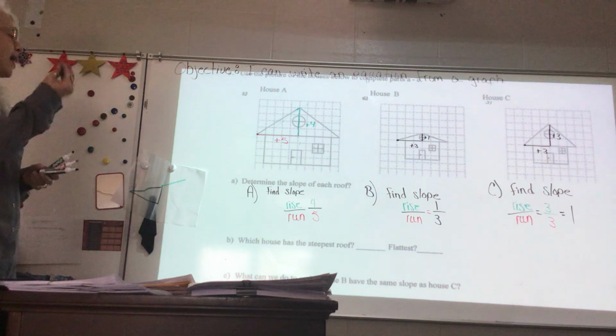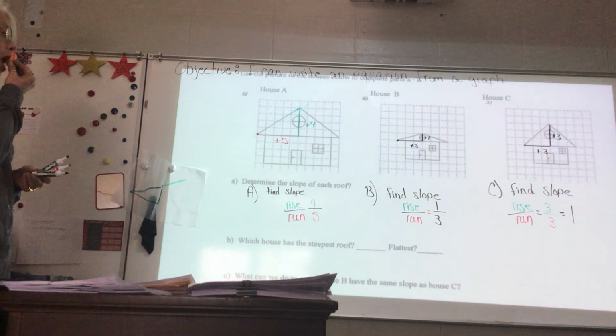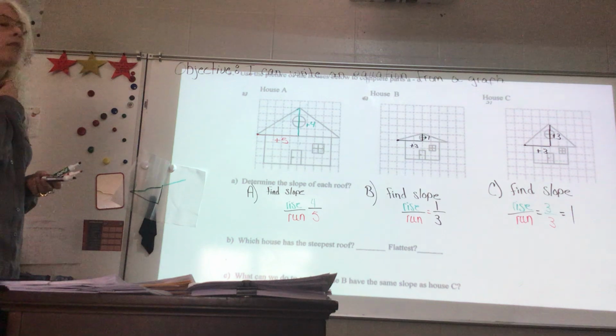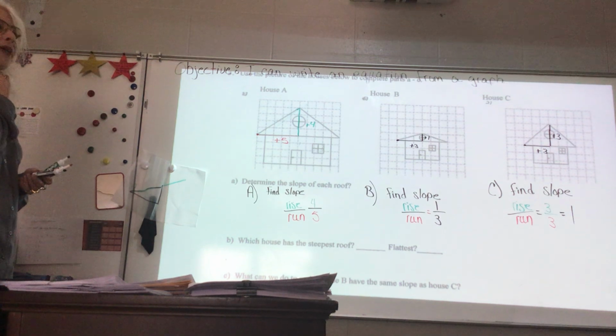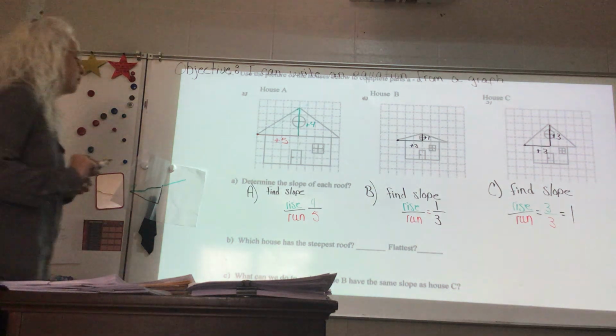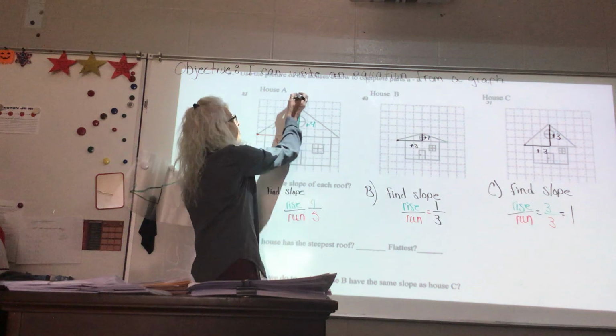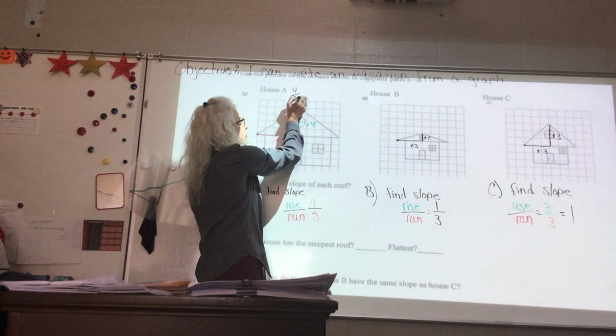Part B, which house has the steepest roof? A, B, or C? Would it be helpful if we converted these to a decimal? So change 4/5 to a decimal.